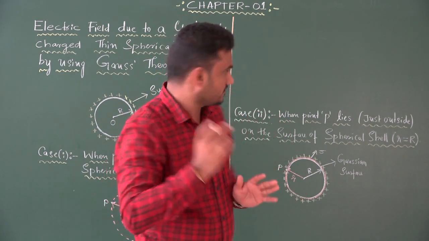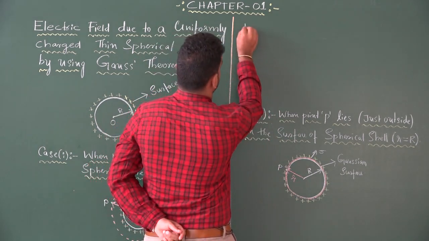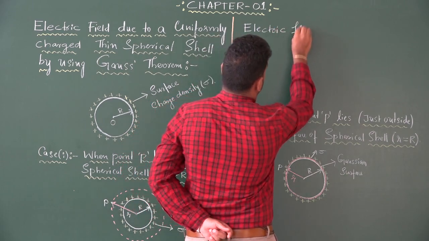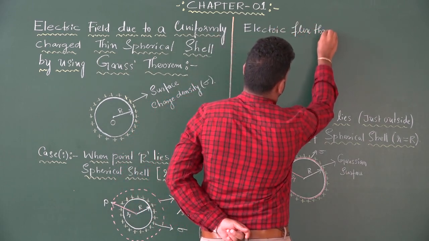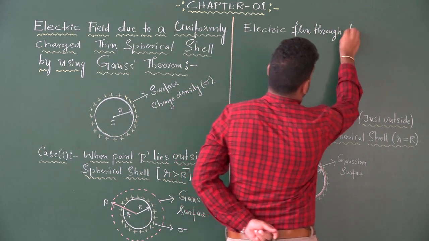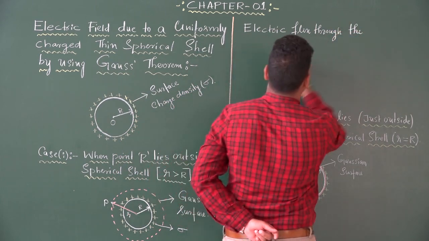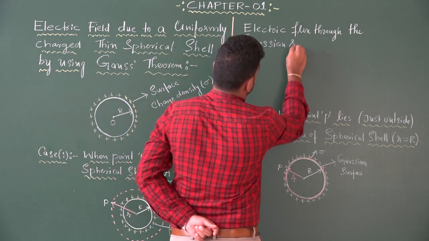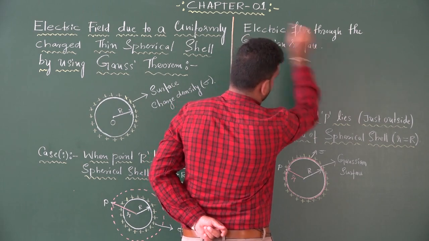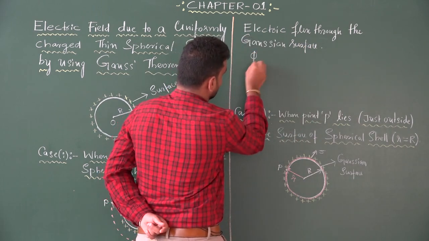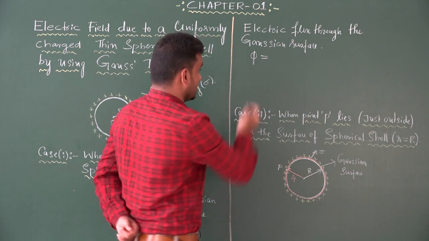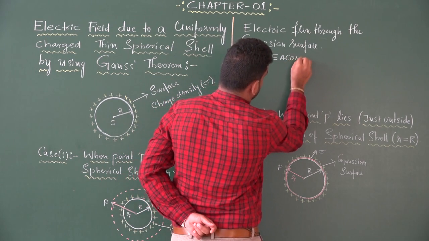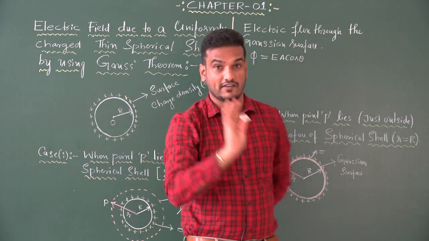Here I will write: total electric flux through the Gaussian surface. We know the equation for electric flux, that is phi is equal to E A cos theta.